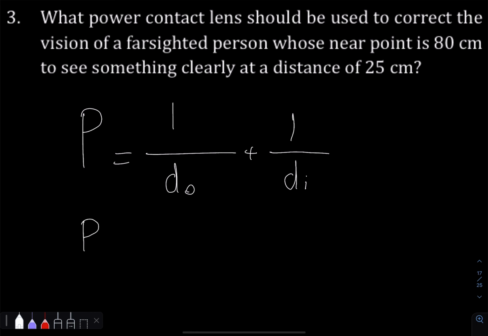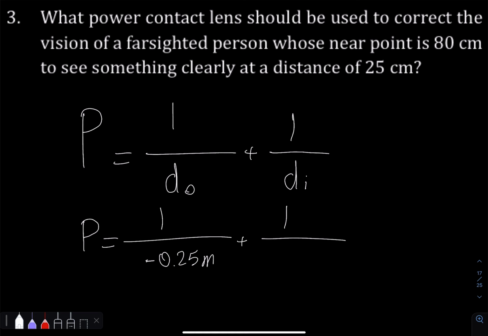So the object, they say they want to see something clearly at 25, right? So the actual object is 25 centimeters, but again, it has to be 0.25 meters for the units. And the distance from the image, again, the image is always going to be formed at the near point of a person. 80 centimeters, so 0.8 meters.